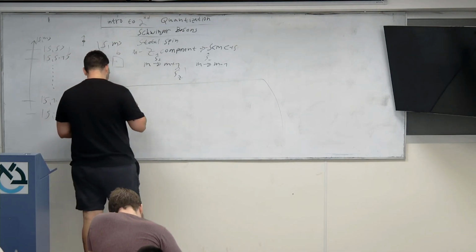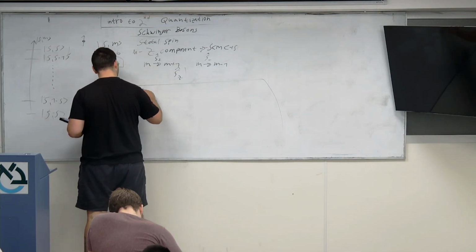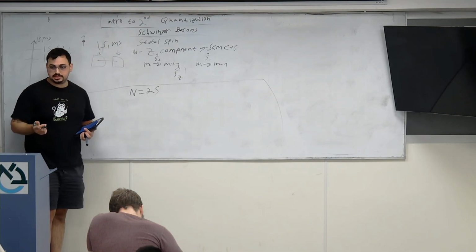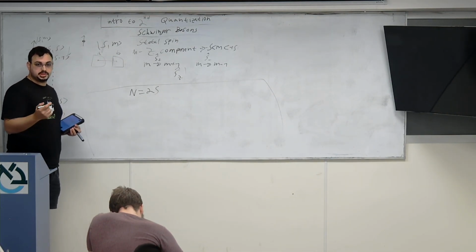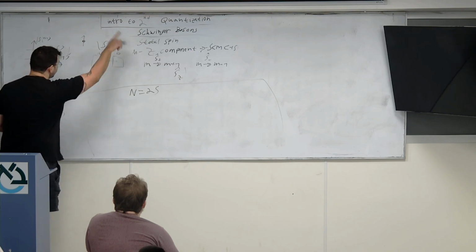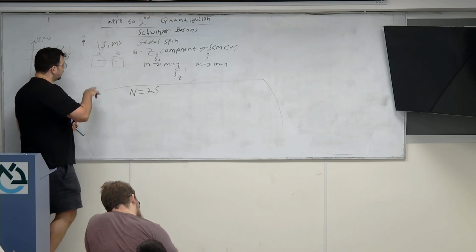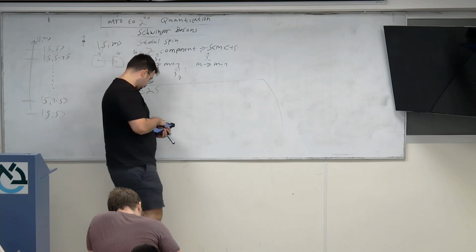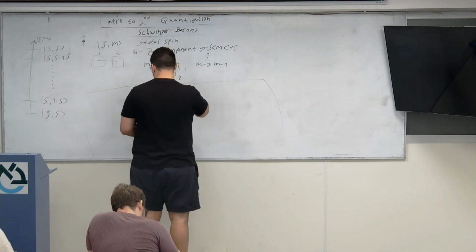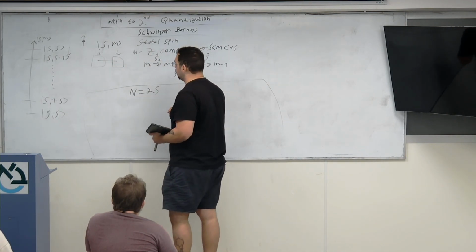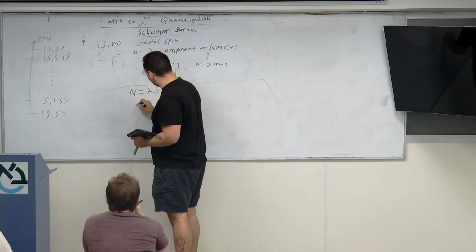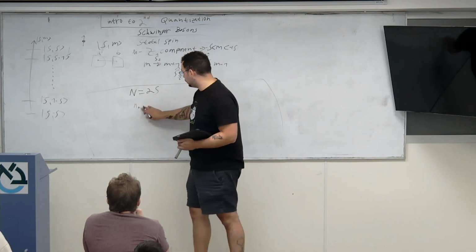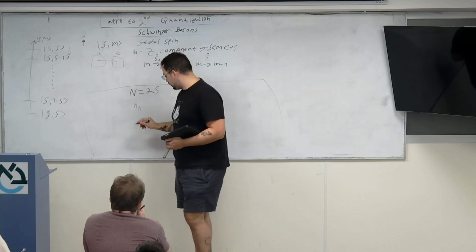And say first of all, n equals 2s. Why 2s? Because a transition from one side to the other will give us a difference of 2 between them, each transition. And I would like to say n equals 2s plus 1, not 2s. You'll see it. No, it's 2s.